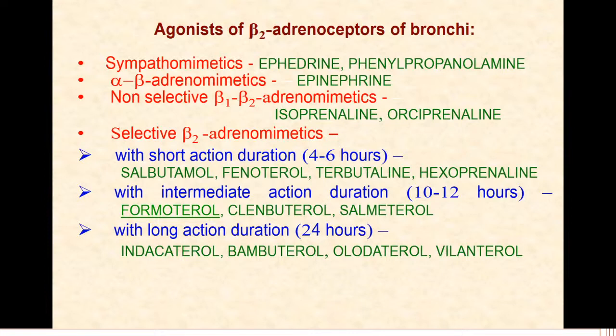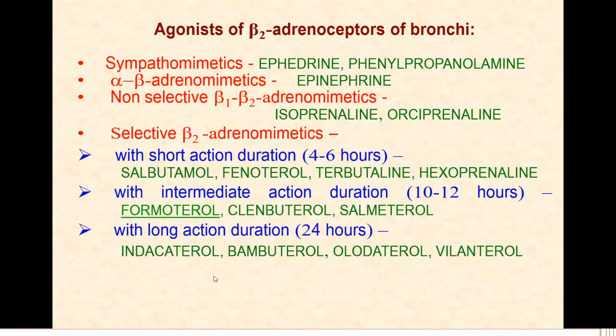And several years ago, within 8 to 10 years, appeared the agents with the longest action duration for this day, because we don't know what will be in 5 years and 10 years and so on.